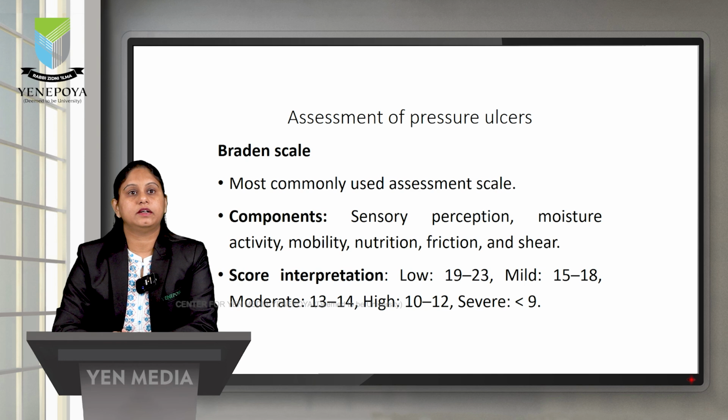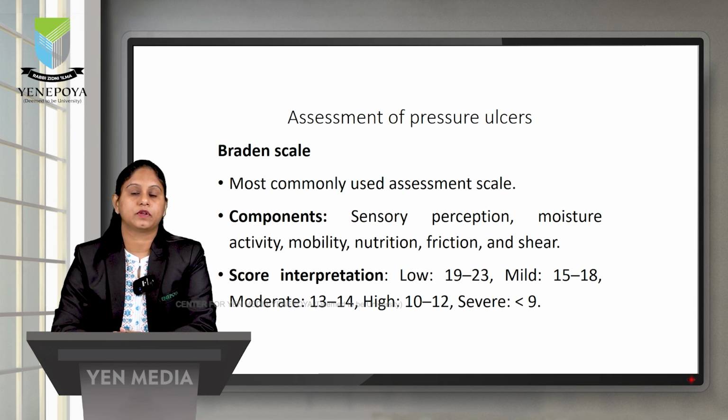The scores are interpreted as low risk when the score is between 19 to 23, mild risk between 15 to 18, moderate between 13 to 14, high risk between 10 to 12, and severe risk of developing pressure ulcers when the score is less than 9.